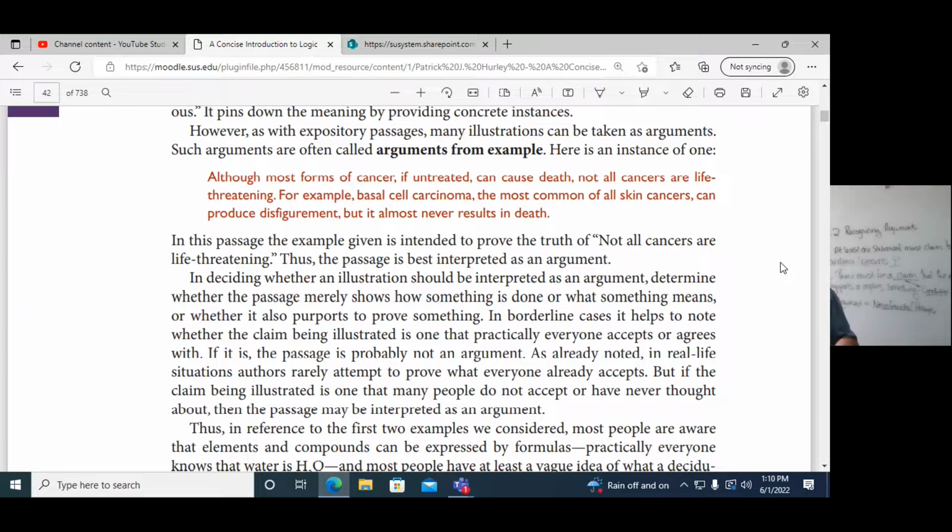For example, basal cell carcinoma, the most common of all skin cancers, can produce disfigurement, but it almost never results in death. So the example given is intended to prove not all cancers are life-threatening, because that's our conclusion, and the passage is interpreted best as an argument because it contains at least one statement that presents evidence for thinking the conclusion, not all cancers are life-threatening.